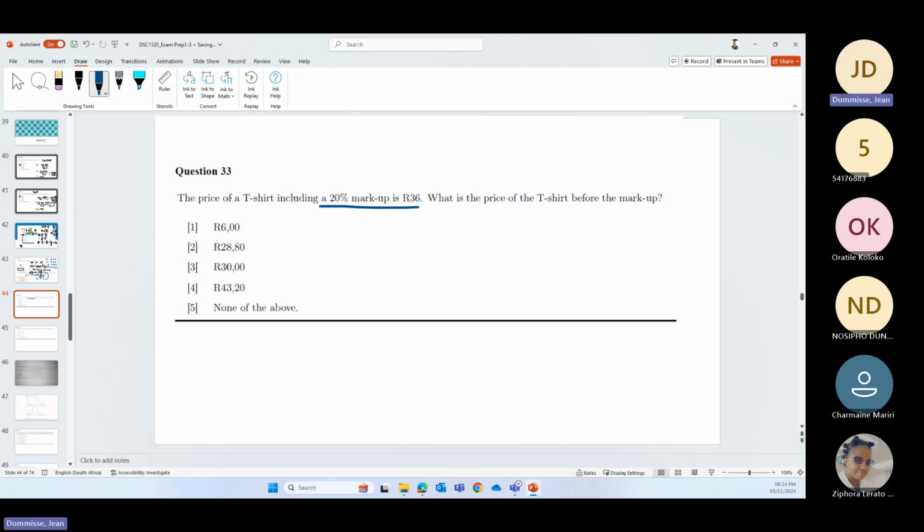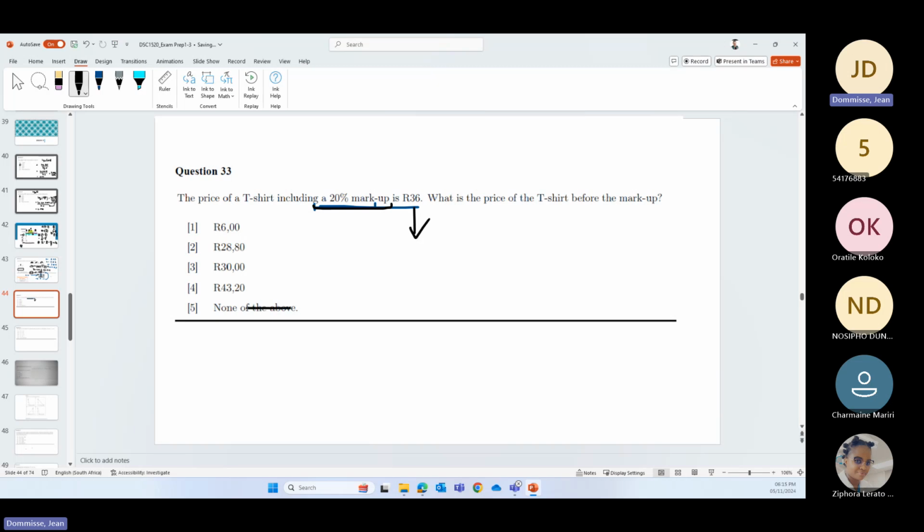Before I work out anything, the price including a 20% markup is 36, so that tells me that the t-shirt before the markup must be less than 36.